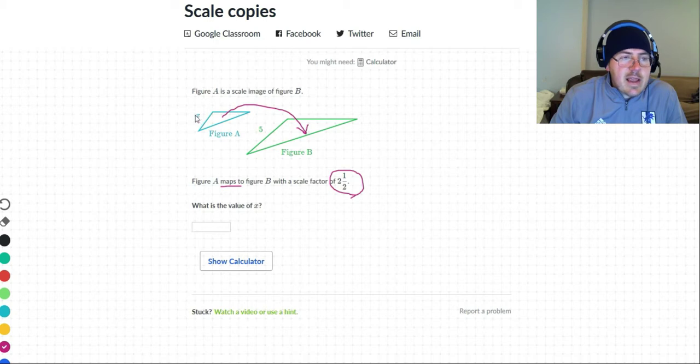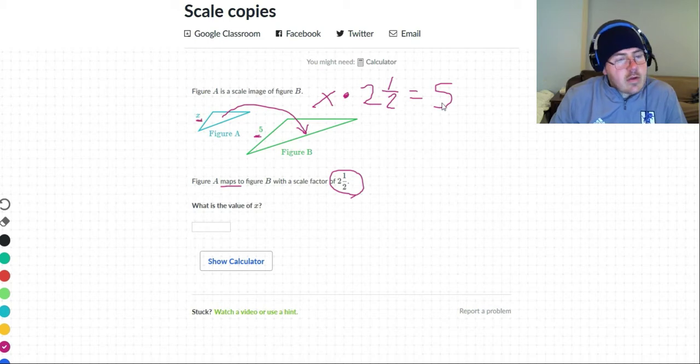Okay, so that means that they're saying x times 2.5 equals 5, because those are the corresponding sides, right? Something times 2.5 equals 5.